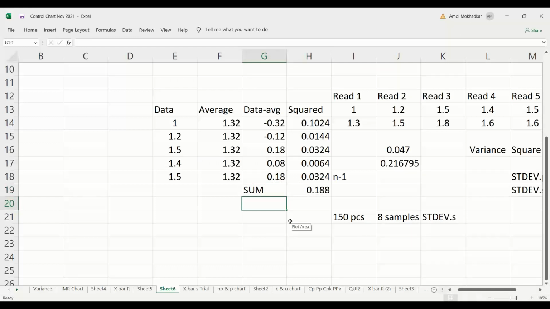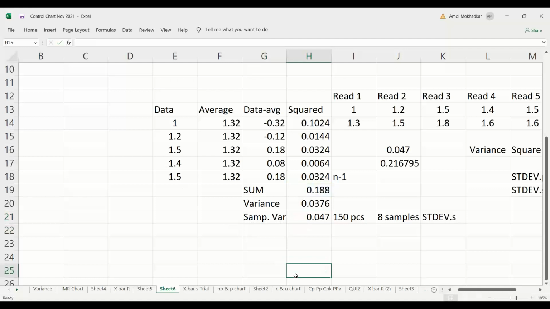Now if it is from the entire population, the variance will be this sum divided by 5, the number of data. Or if it is from a sample, then the sample variance will be this sum divided by n minus 1. Here there are how many data?